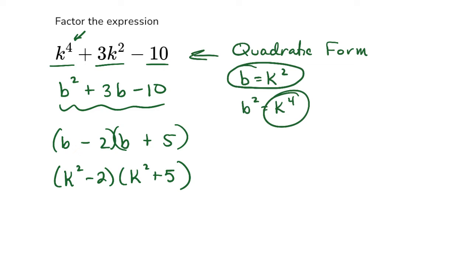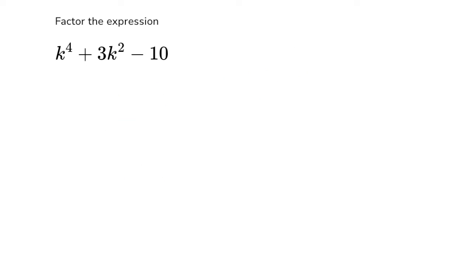Now, you usually don't go to all this work. What we want to do is just recognize that, hey, it's got three terms. This is to the fourth. This is half as much, k squared. And when it's like that, you know it's got to be a k squared in each of these spots.